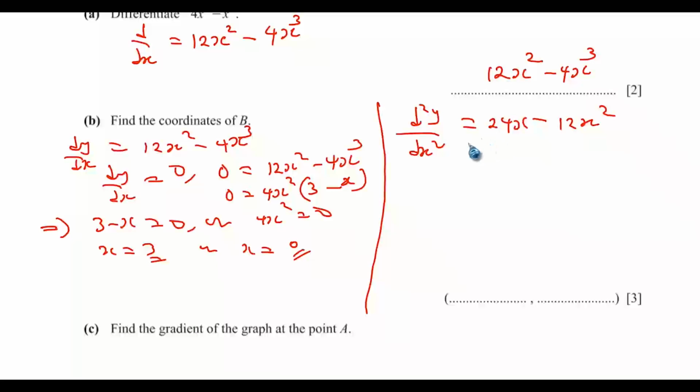If x equals 3, then d squared y over dx squared will be 24 times 3 minus 12 times 3 to the power of 2. This gives us 72 minus 108, which is minus 36, less than 0. The implication is that this is decreasing. That means before it got to the stationary point, so let's go up here.